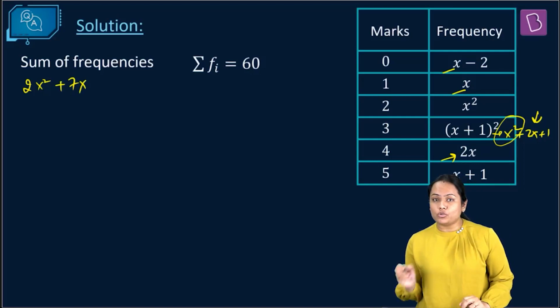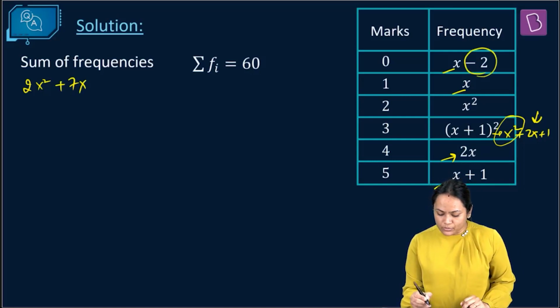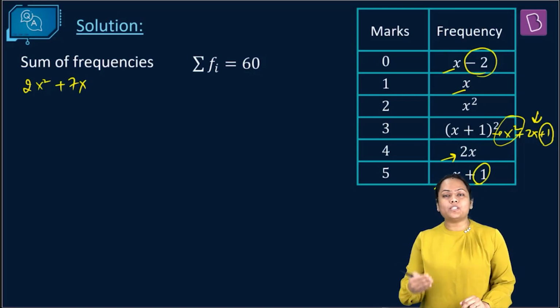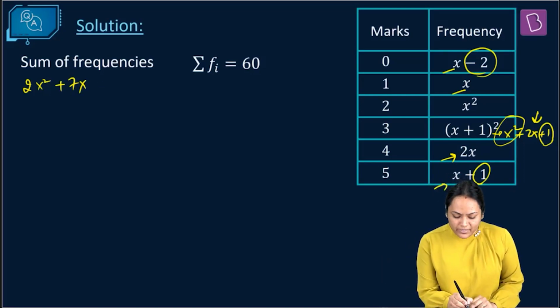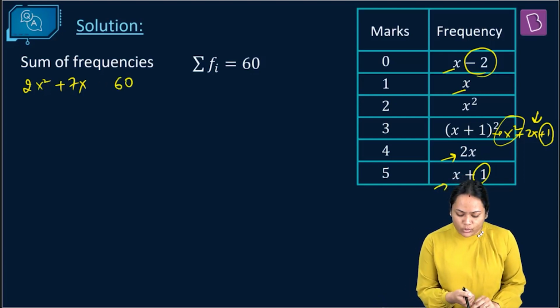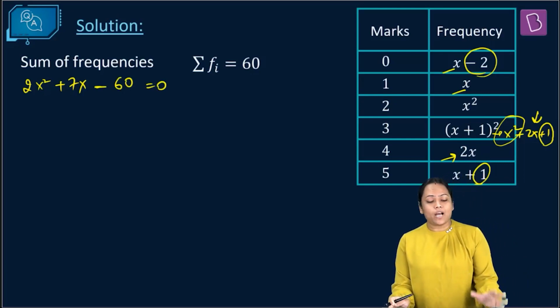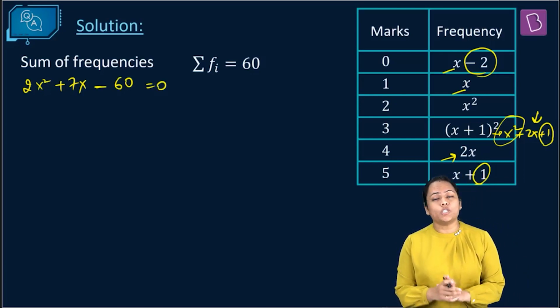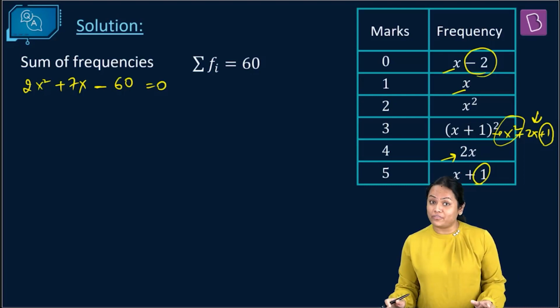And then I'm coming to the constant part, which is minus 2 plus 1 plus 1. So minus 2 plus 1 is 0. So I'm left with this is equal to 60. Or I can say that I'll have 2x squared plus 7x minus 60 is equal to 0. And now I have to just simplify this, or let's say solve this to get the values of x.